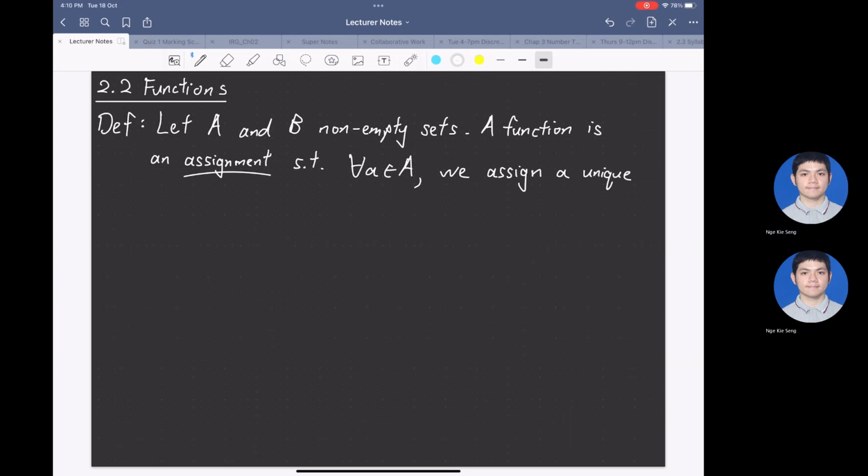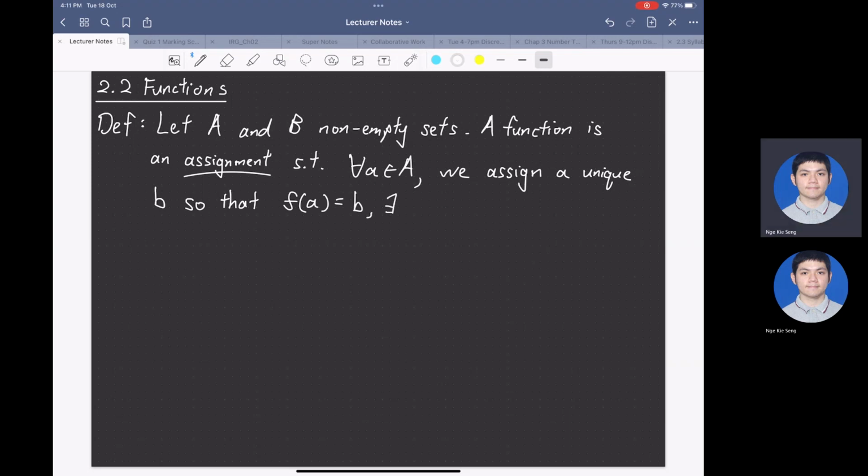b, so that f(a) equals b for some b in B. So for every a, we assign a unique b.